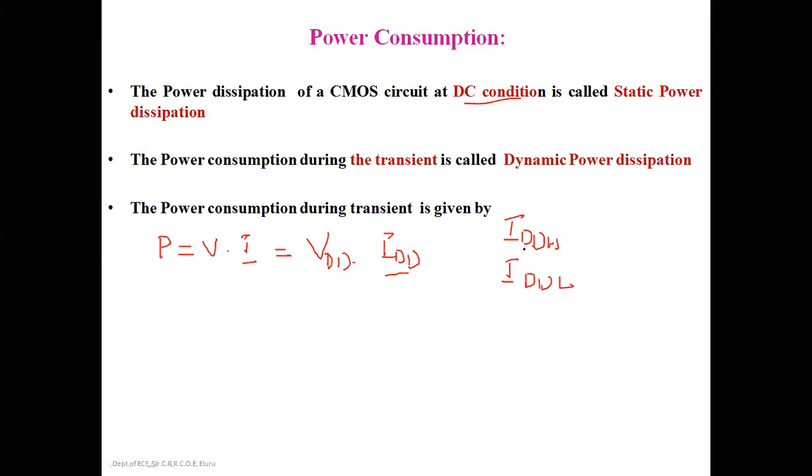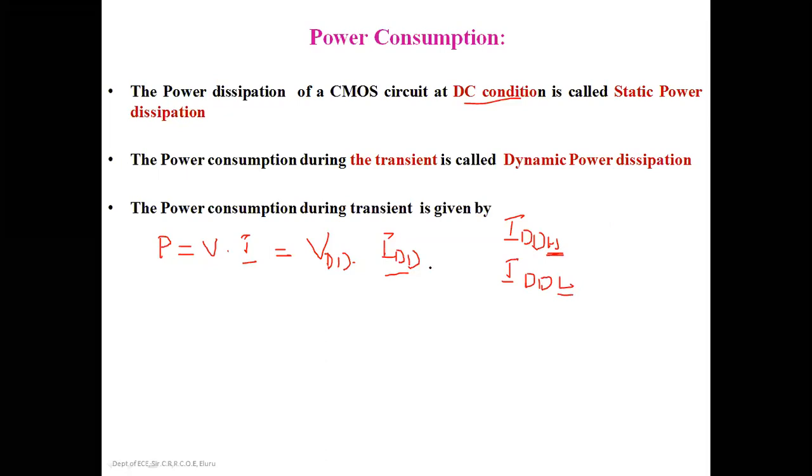IDDH is the drain current of the transistor when the output is at logic high state, the amount of current that is drawn. And IDDL is the drain current at the output of the transistor when the output is at low state. So now the IDD current is the average of these two currents.